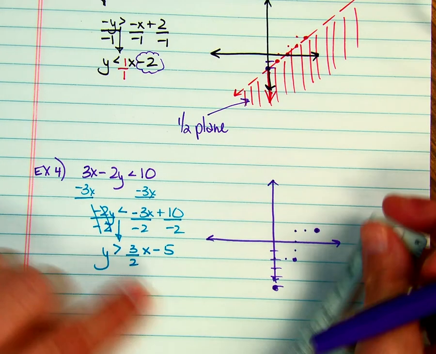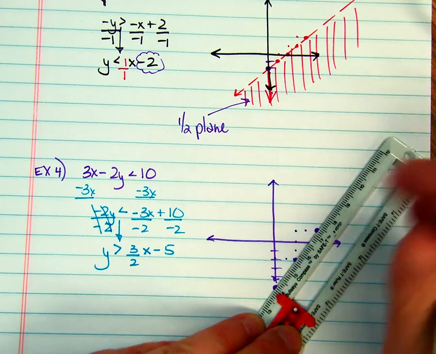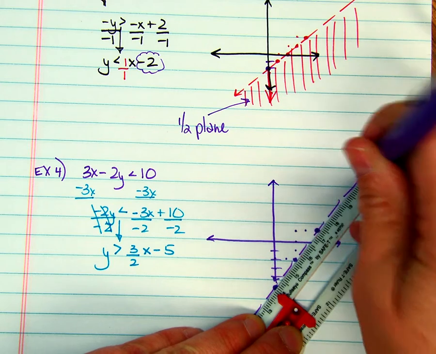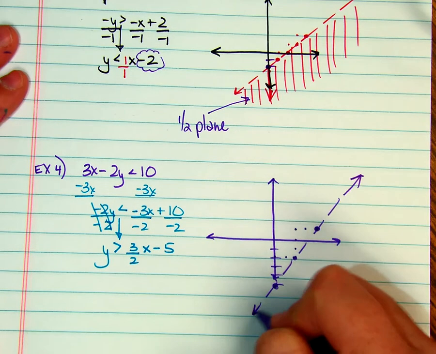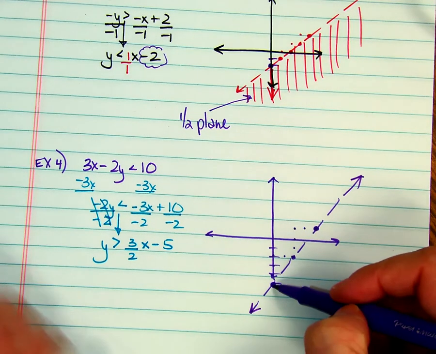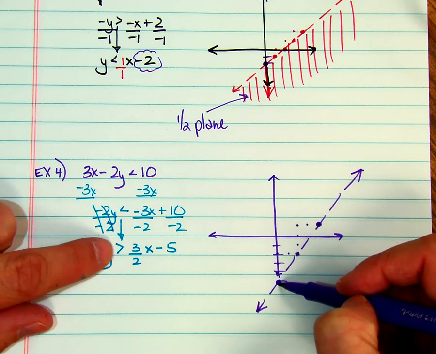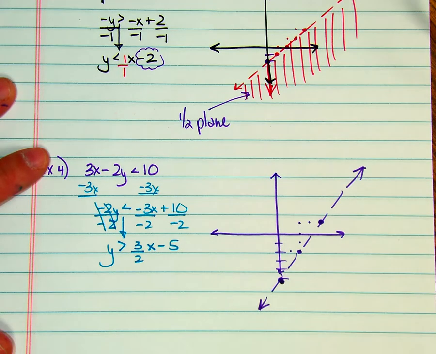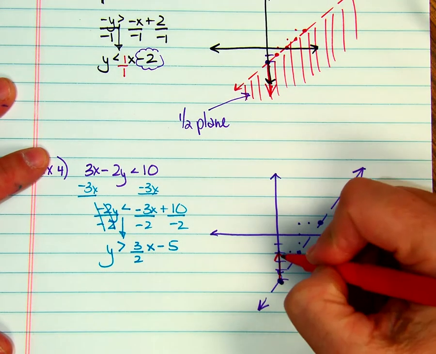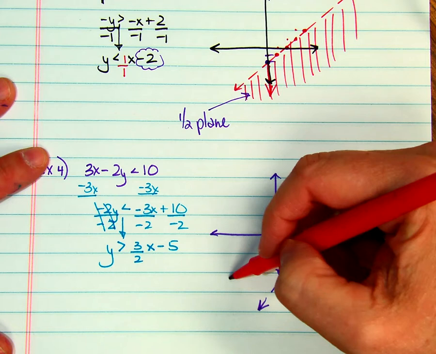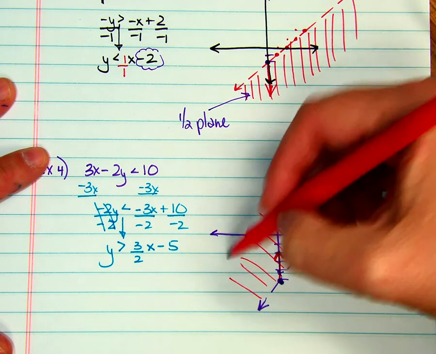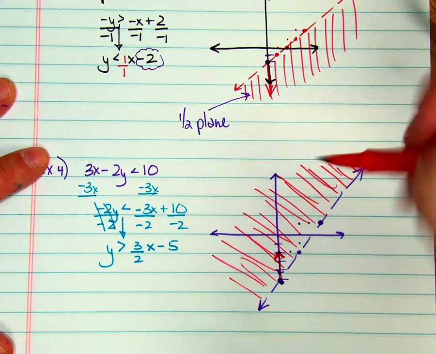It is dotted because it does not have the equal to piece. And here's where I'm at on y. I want all the y's that are greater than where I'm at on the y-intercept. That means I'm going to be looking at those because those are all greater than. So this is the half plane for all of my possible solutions.